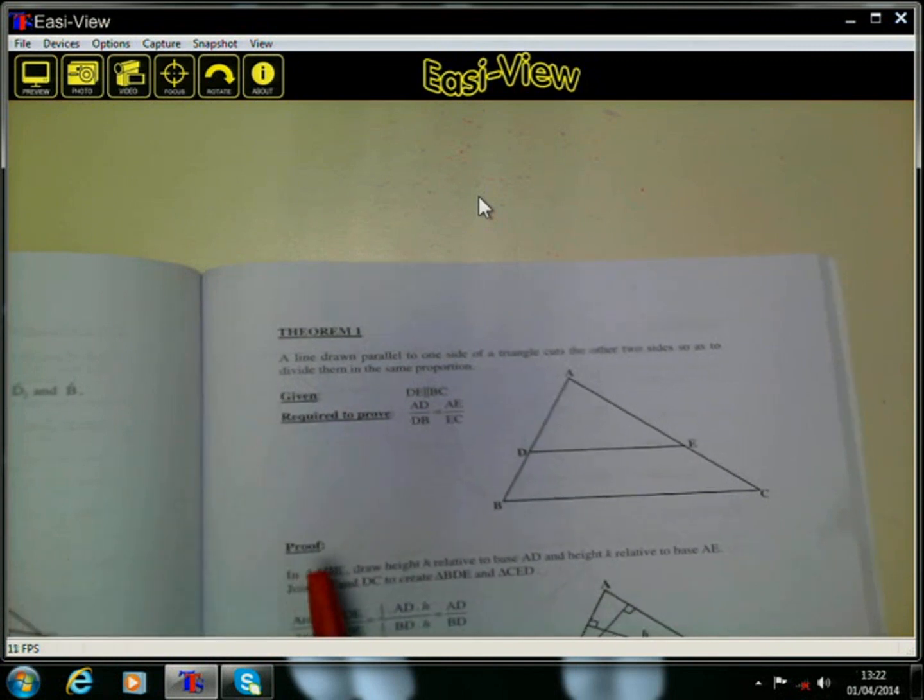What are those proportions? Side AD over side DB must be equal to side AE over side EC. That is what is requested of us.